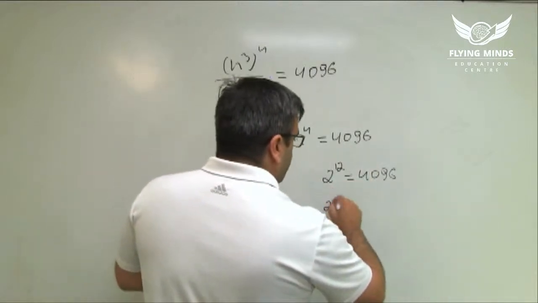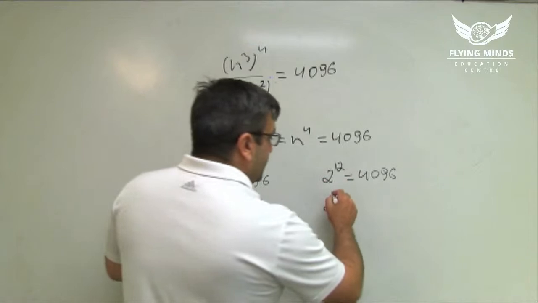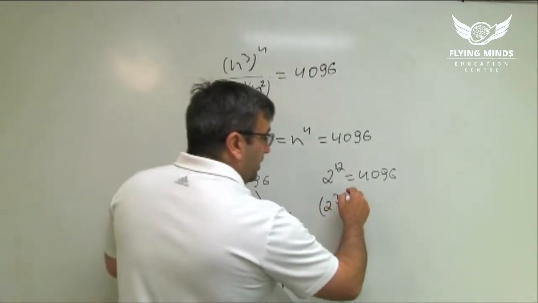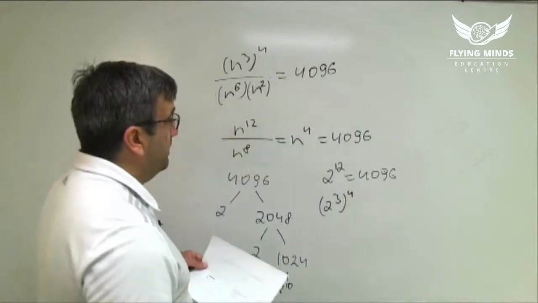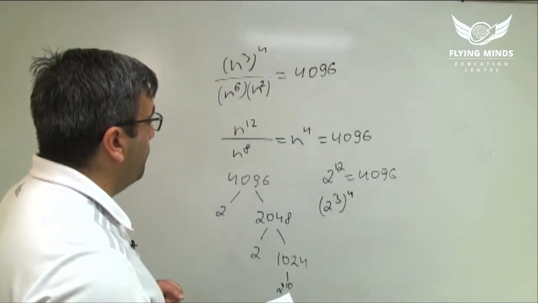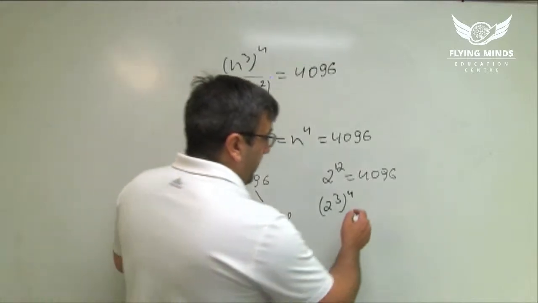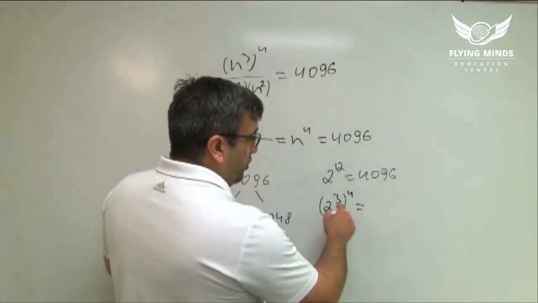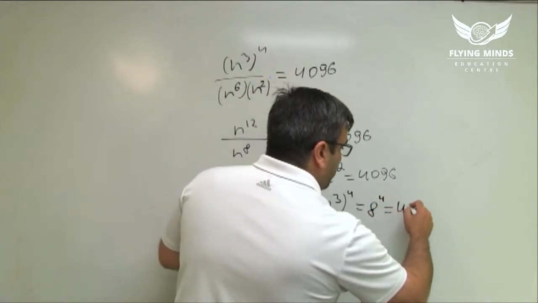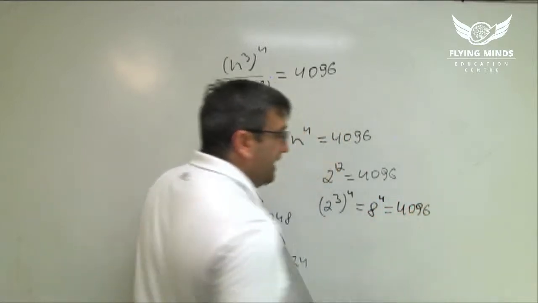So we can rewrite exponent of 12 as 2 cubed to the fourth. Right? And then what do we have? 2 cubed is 8. So 8 to the power of 4 equals 4,096.